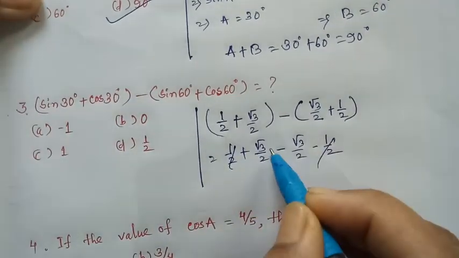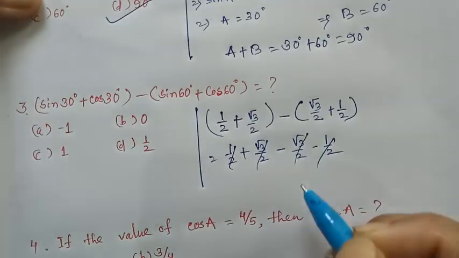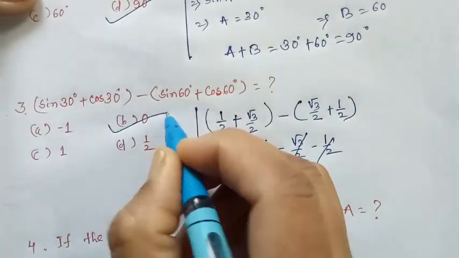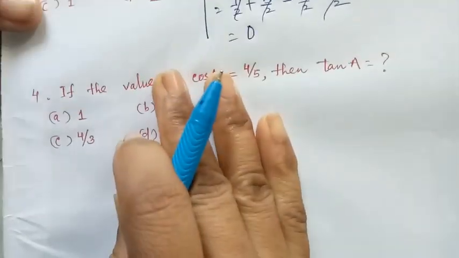Half minus half get cancelled. Root 3 upon 2 minus root 3 upon 2 get cancelled. Your answer is 0. So option B.